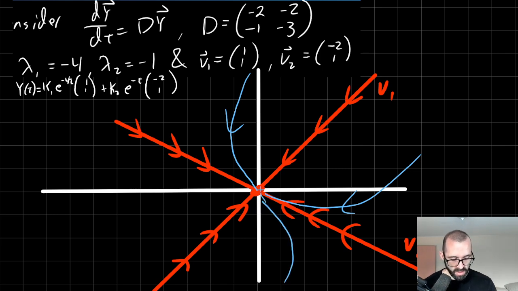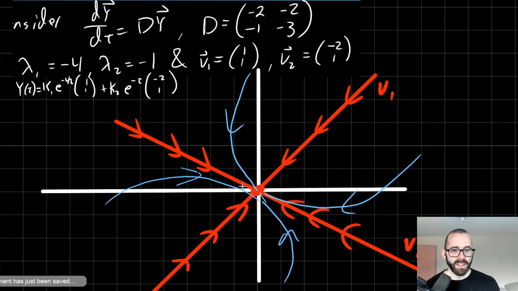Let's try to be consistent. And we're going to have something very similar looking to our last source, right? As things are all approaching the equilibrium solution, we have our straight line solutions. And which one is vanishing faster? Which straight line solution are we approaching faster?